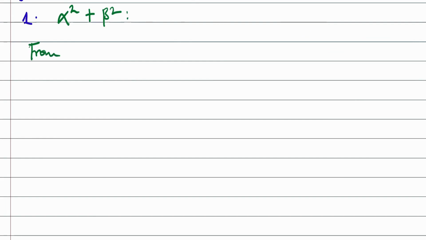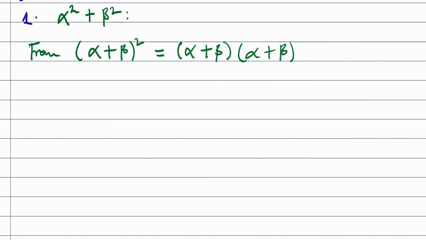So we are going to start from alpha plus beta, the whole of it squared, equals, as we expand, alpha plus beta multiplied by alpha plus beta. As we simplify this, we have alpha squared plus alpha beta plus alpha beta plus beta squared.